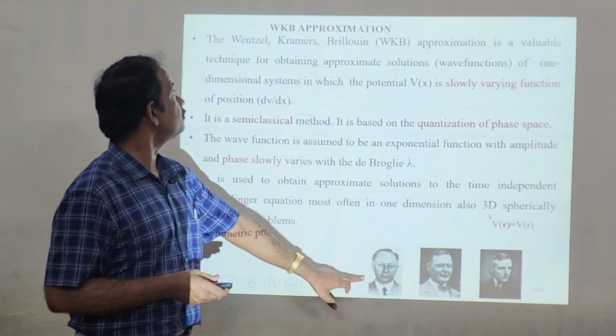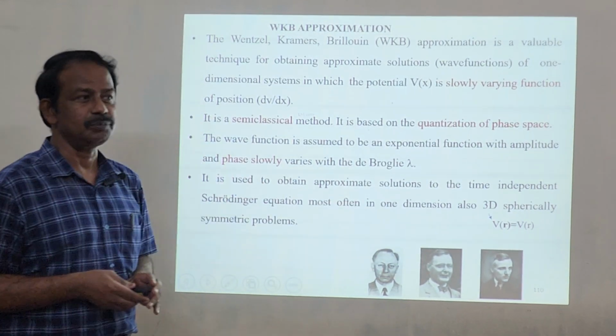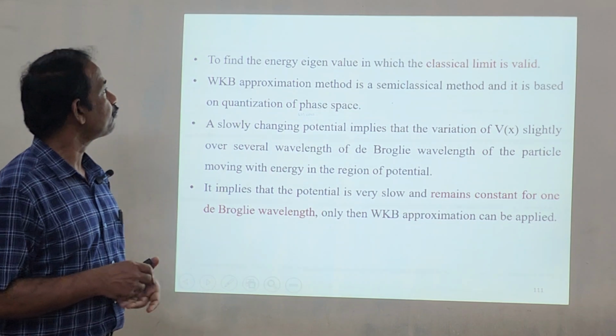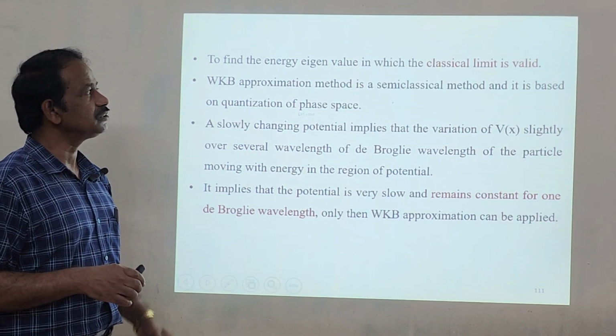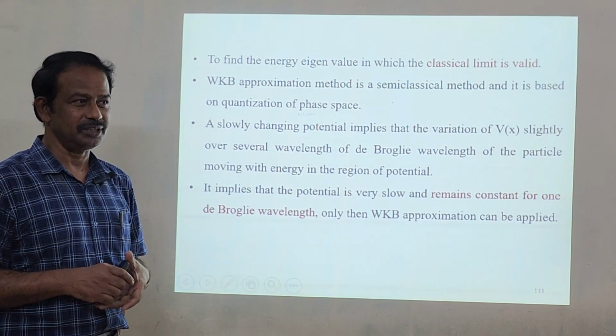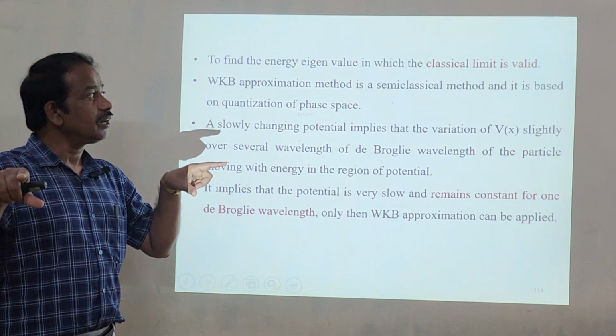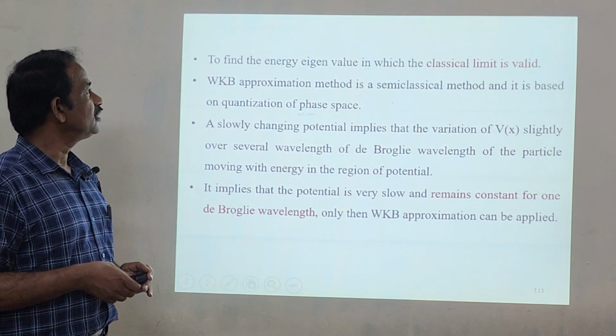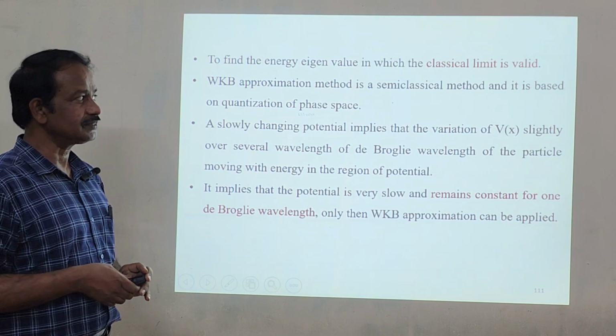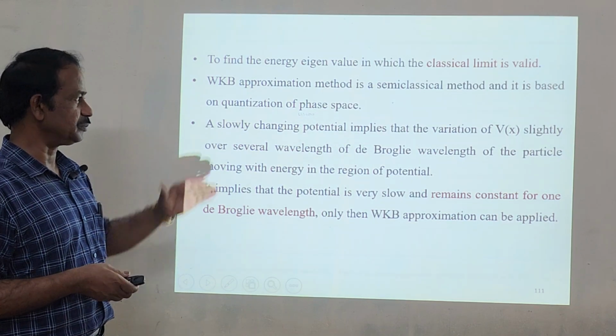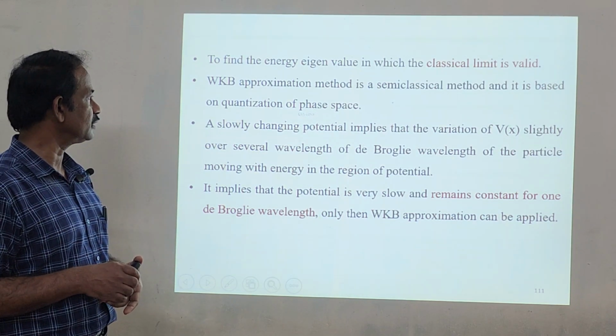So this is the picture of Wentzel, Kramers and Brillouin. To find the energy eigenvalue up to which the classical limit is valid. The WKB approximation method is a semi-classical method based on quantization of phase space, which we learnt just now.